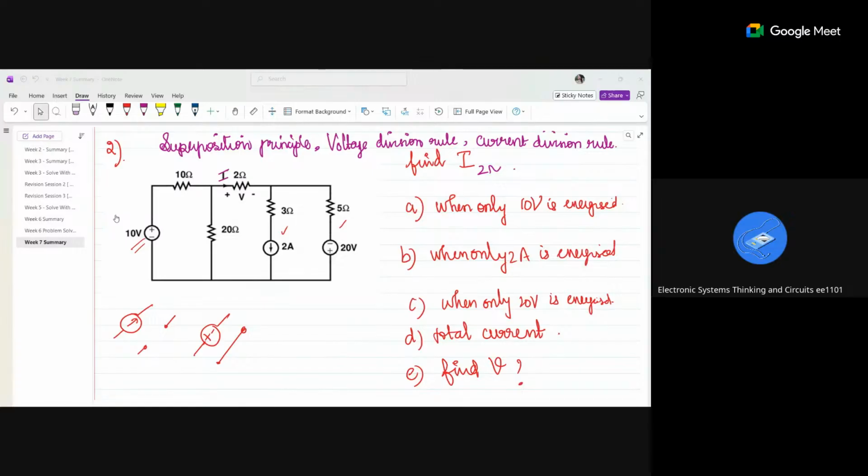Then from week 5, the series and parallel resistive networks are also there. Then RC step response, we have solved 1 or 2 questions. Then filter type, we will solve more.